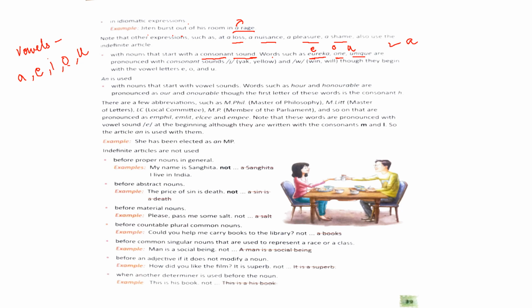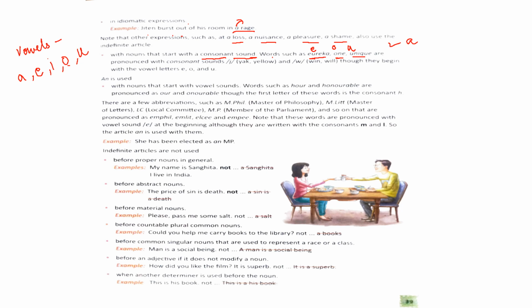But article a is only used with consonants or consonant sound. But in these cases, they start with a consonant sound. When we pronounce eureka, when we say one, when we say unique, they start with a consonant sound. So hence we use the article a with these words.